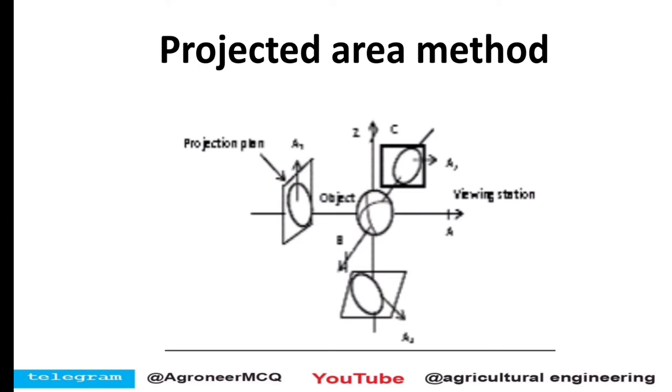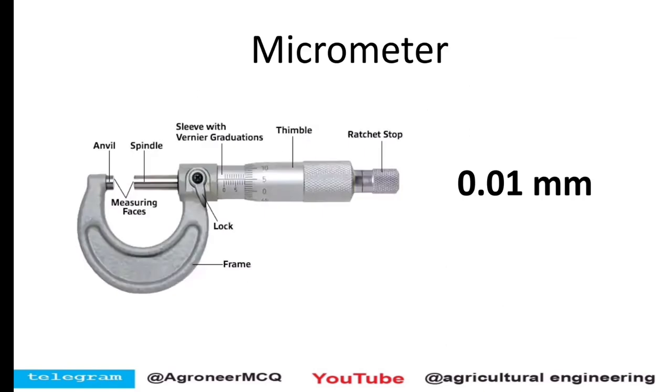For this purpose we have to use an overhead projector. In the upcoming lectures on sphericity, we will see how the overhead projector works. This is a micrometer, which is used to find the major diameter and minor diameter.